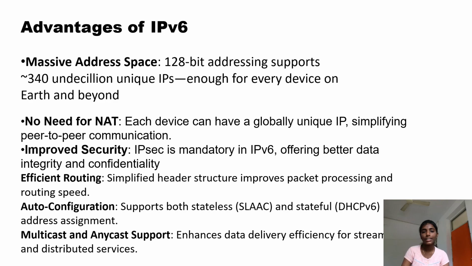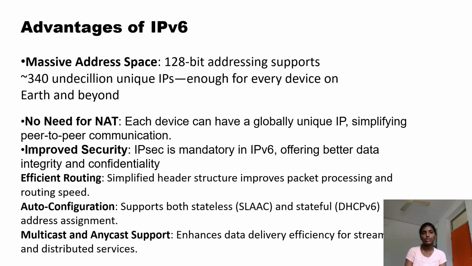IPsec is mandatory in IPv6, offering better data integrity and confidentiality. Efficient routing, simplified header structure improves packet processing and routing speed. Auto configuration supports both stateless and stateful address assignment. Multicast and anycast support enhances data delivery efficiency for streaming and distributed services.